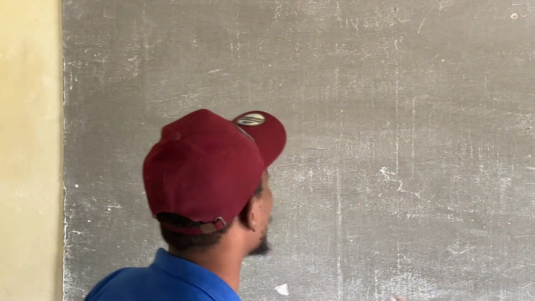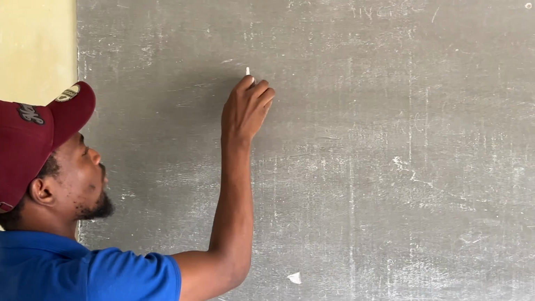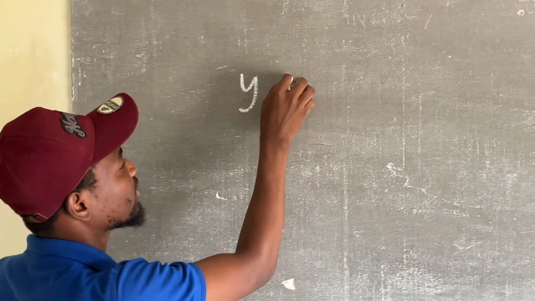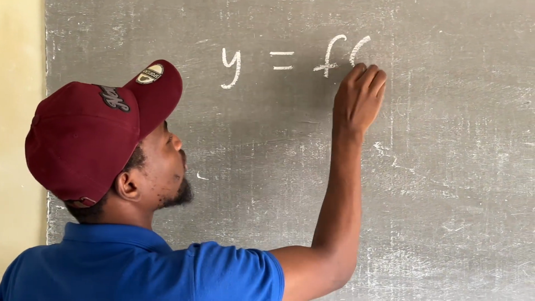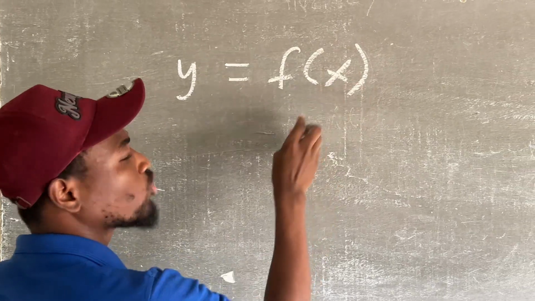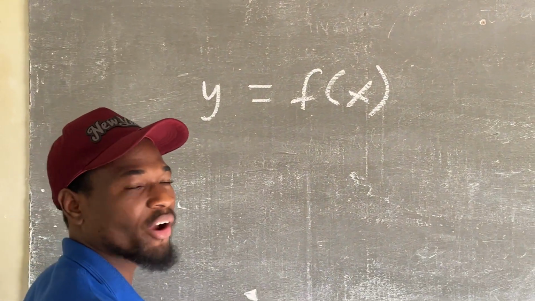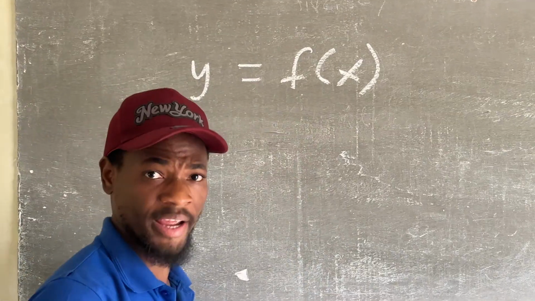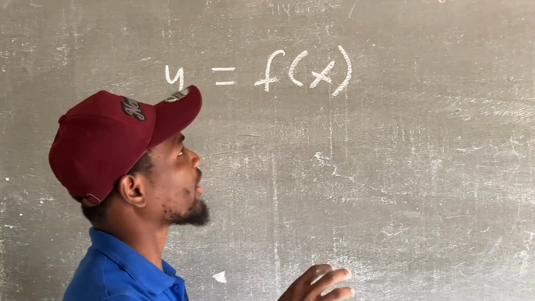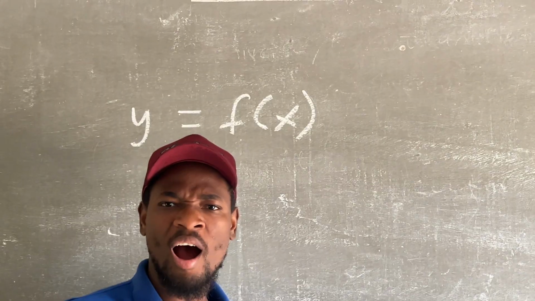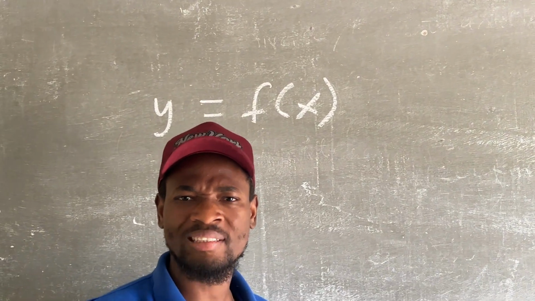Now viewers, for functions, we say let y represent a function this way. Let's say f of x. So we normally work with these ordinary equations, right? Good. But for parametric equations, the concept is slightly different.